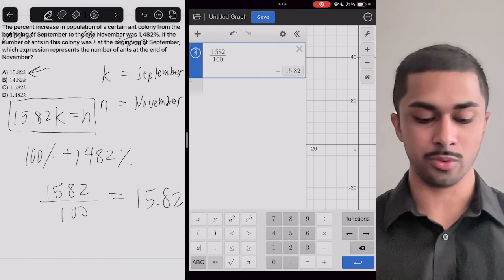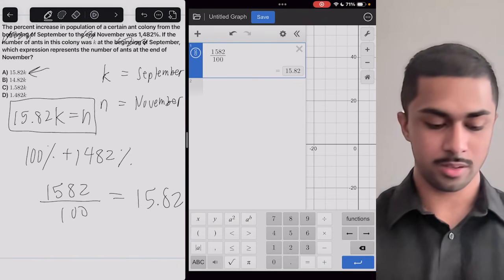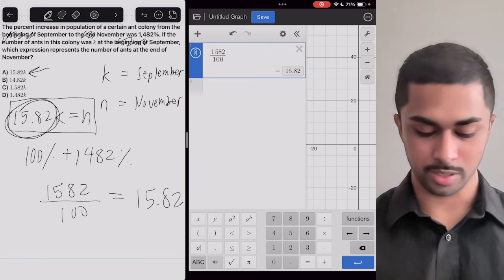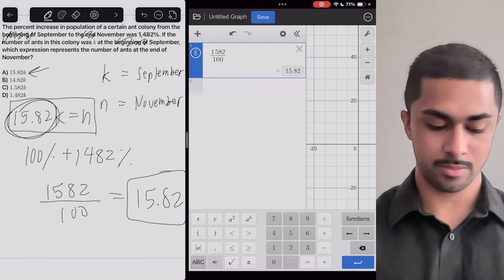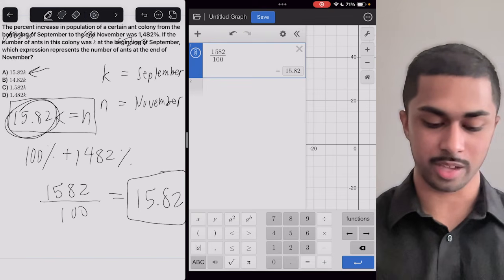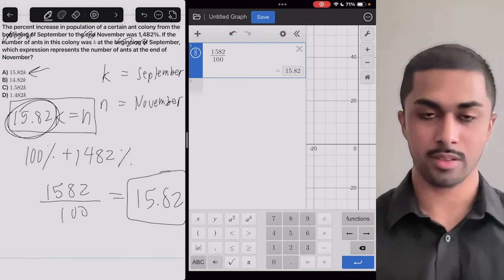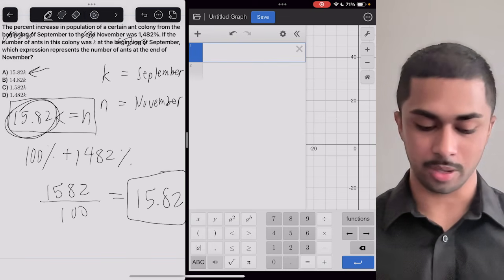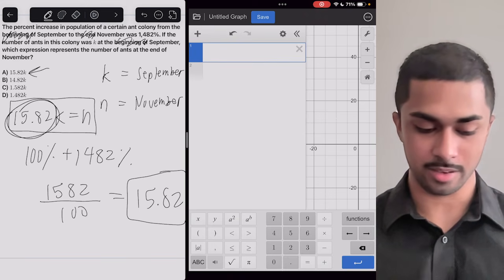N is equal to 15.82K. We don't even need to find this equation. We just need to understand that percent increase is 100% plus the percent. So 100 plus 1,482.